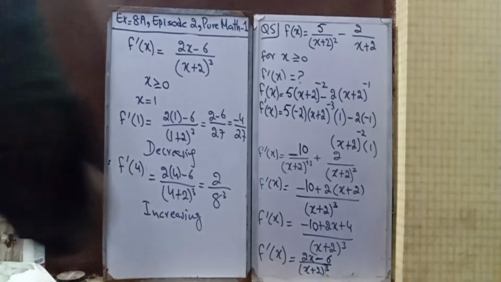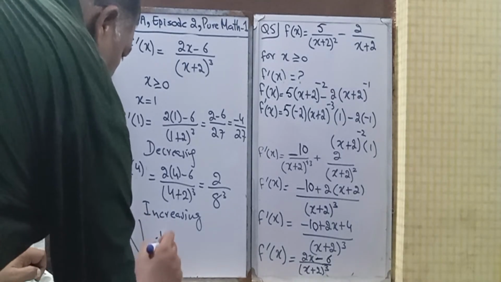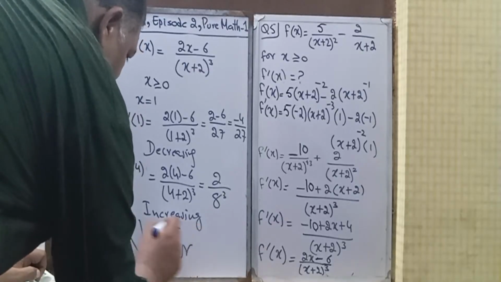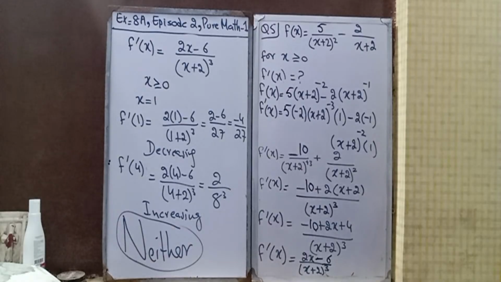We will say neither. This is the answer, sir. Because on some values of x greater than 0, the function becomes decreasing, and on some values greater than 0, the function becomes increasing. So you cannot say overall that it's an increasing function or a decreasing function. So our answer is neither. We cannot decide it. Okay.